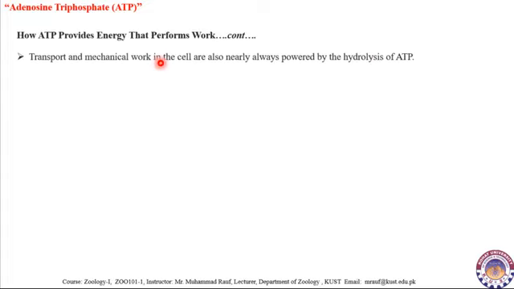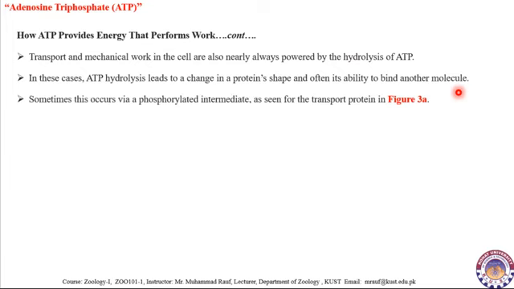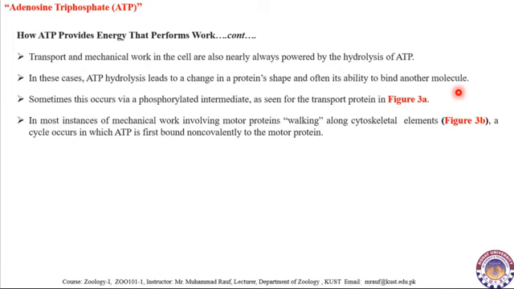Transport and mechanical work in the cell are also nearly always powered by the hydrolysis of ATP. In these cases, ATP hydrolysis leads to a change in a protein's shape and often its ability to bind to another molecule. In most instances of mechanical work involving motor proteins walking along cytoskeletal elements, a cycle occurs in which ATP is first bound non-covalently.